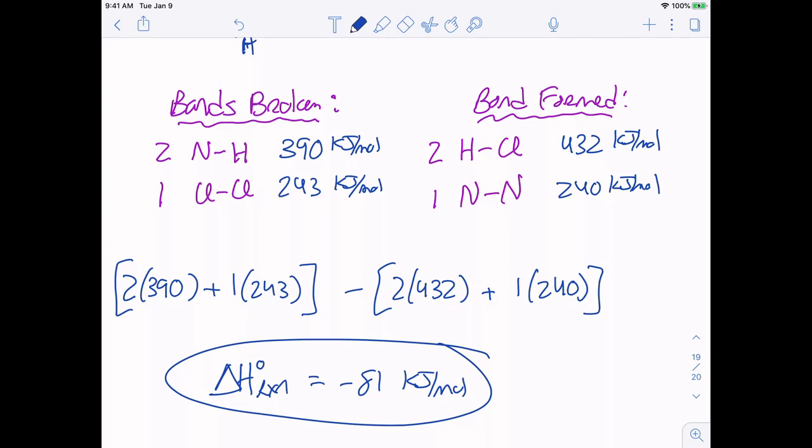For significant digits, again, it's just digits after the decimal point because I'm adding and subtracting. None of these have any digits after the decimal point, so I don't want any in my answer. So just negative 81. And is this exothermic or endothermic?